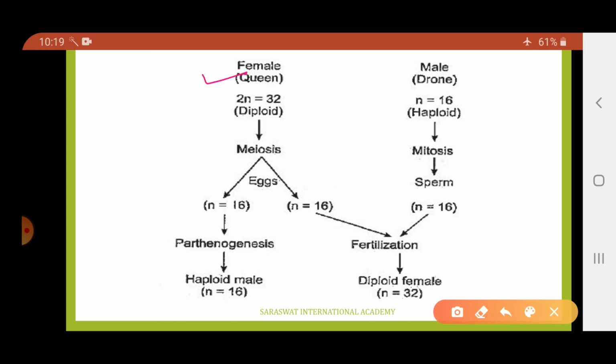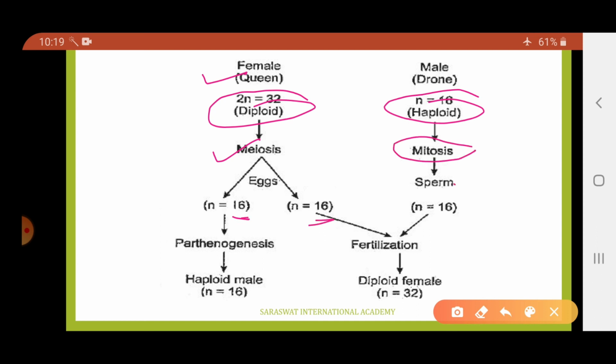The female, which is a queen, has diploid chromosomes, and the males have haploid chromosomes. The female by meiosis produces eggs, each egg containing 16 chromosomes. Males by mitosis produce sperms, each sperm containing 16 chromosomes. Now suppose this is the egg which undergoes parthenogenesis, that is, no fertilization, and it develops into an individual.